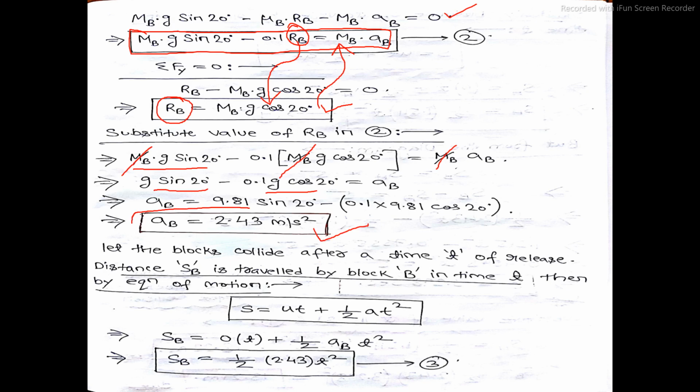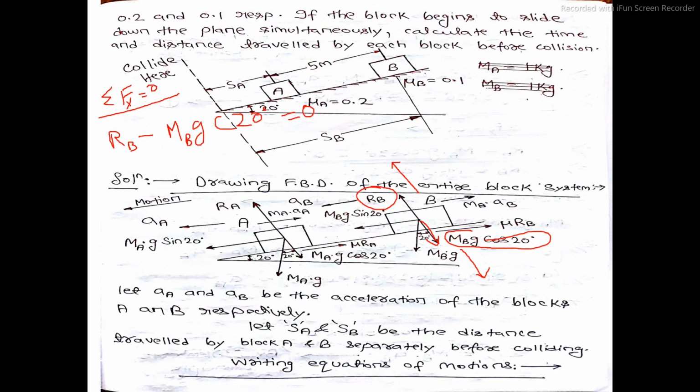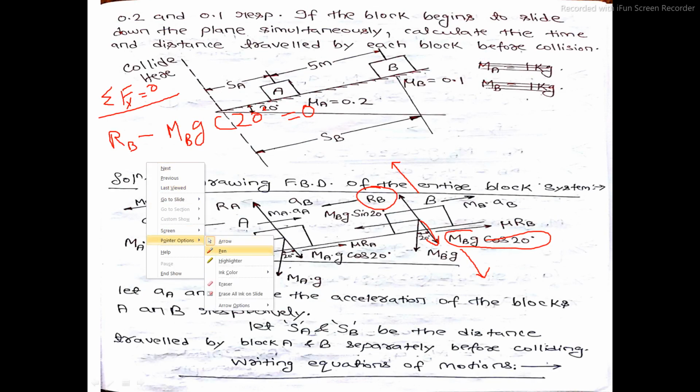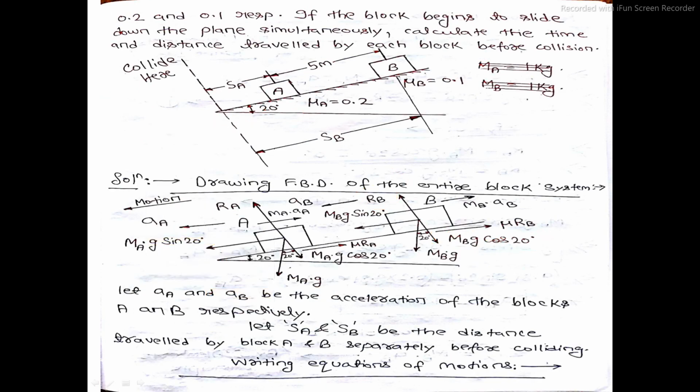What is AB? AB is the acceleration with which block B is moving down the inclined plane. So block B is moving with acceleration of 2.43 meter per second square. So far, by writing down the force equilibrium equation for both block A and block B, we have found out the acceleration with which block A and B will move down the inclined plane.